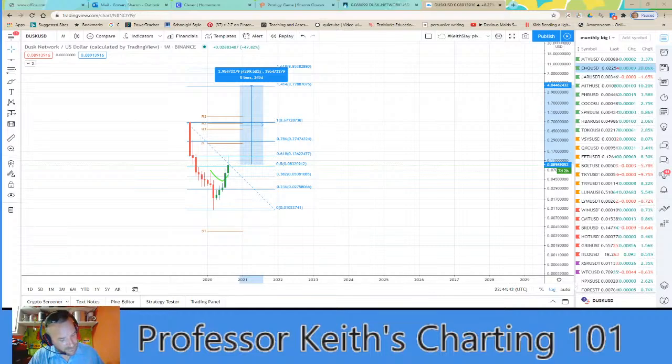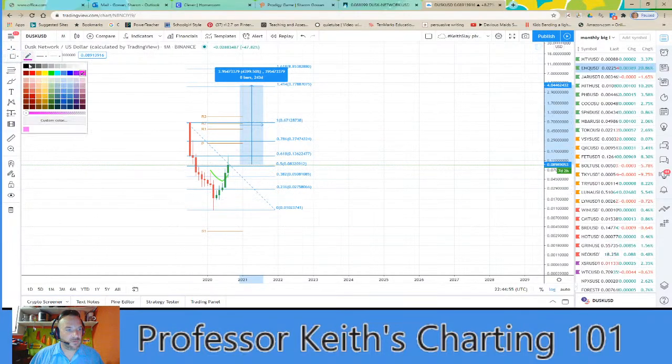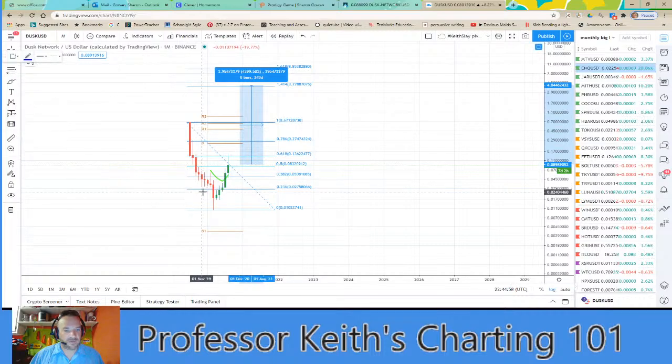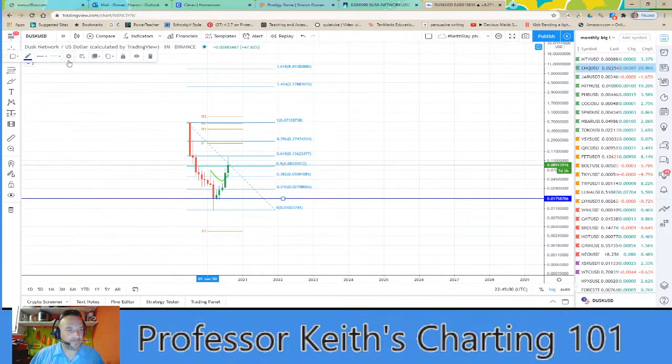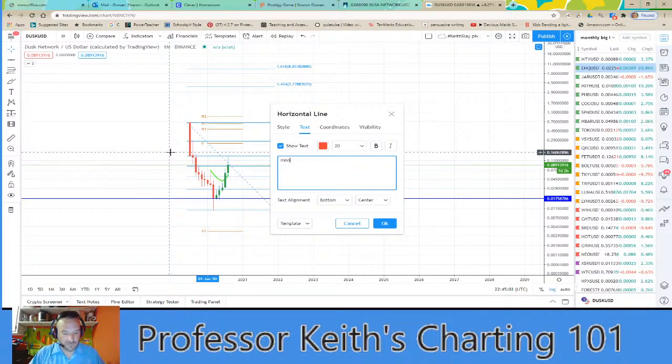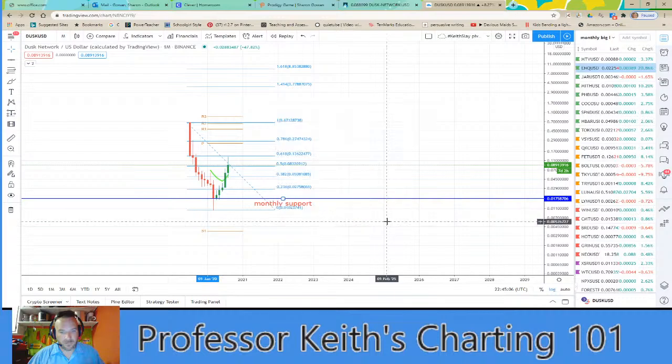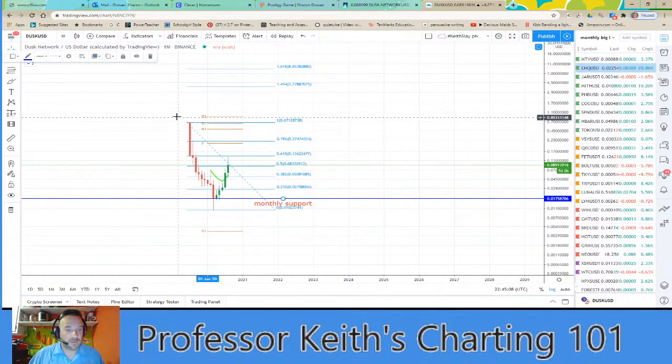Okay, so Dusk. Let's chart it up here the correct way. No horse shit. Blue monthly support here. And then we'll add some resistance lines.